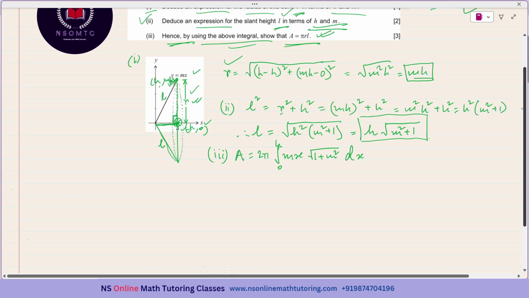So this is equal to, I can take out these constants outside.